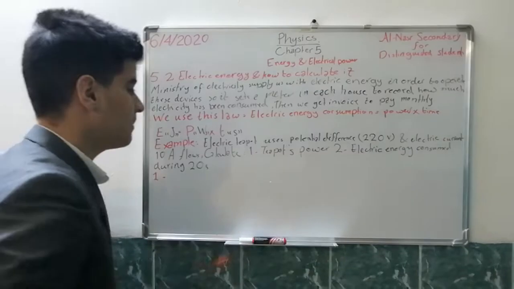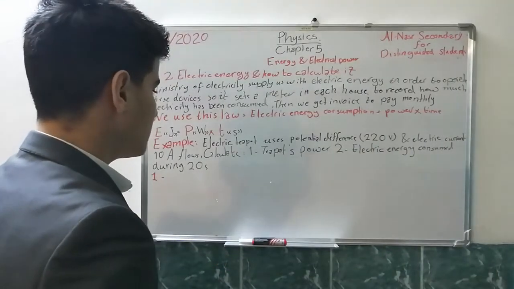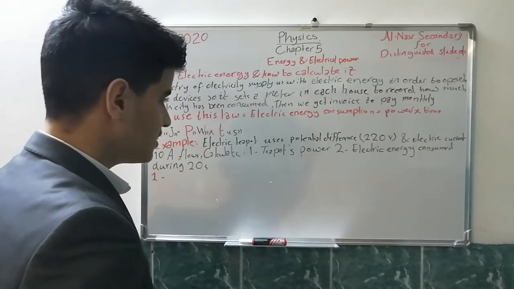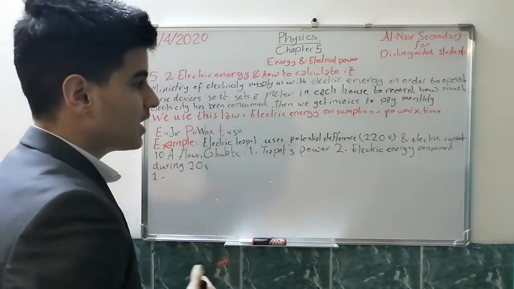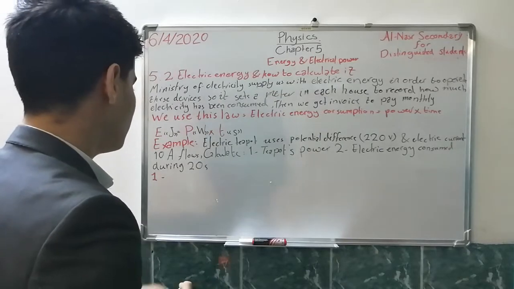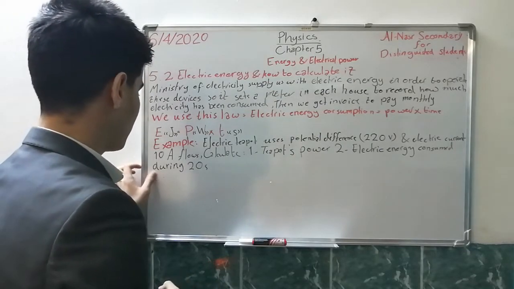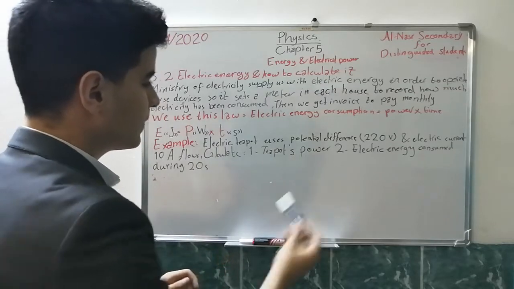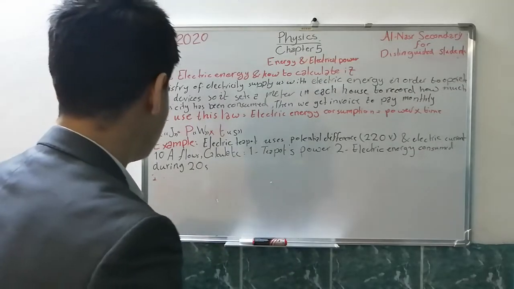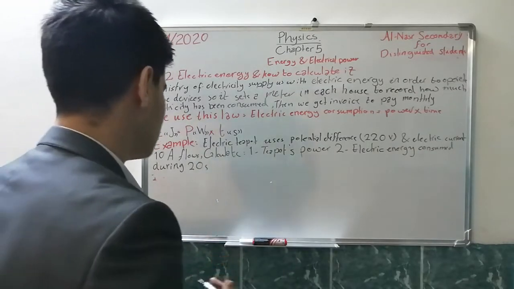Now we got this example from the book. An electric teapot uses potential difference 220 volts and electric current of 10 amperes. Calculate the teapot's power and the electric energy consumed during 20 seconds.